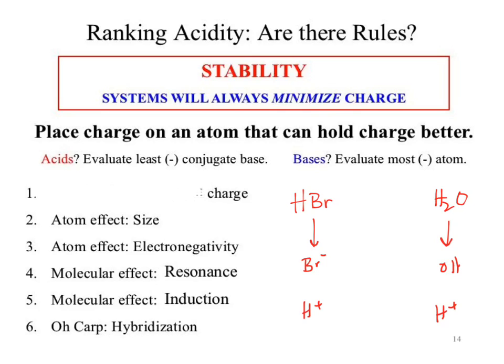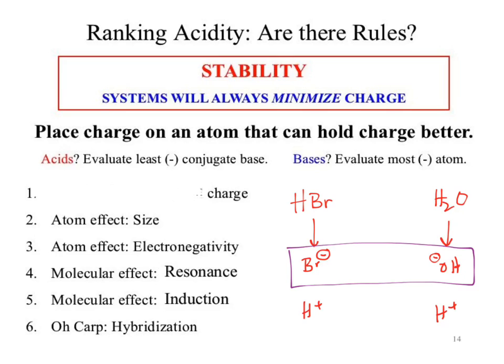And when I do the reaction, I can see that I have a large difference between Br- and OH-. They're now negatively charged. They are reactive. Which of those is less reactive? Bromide is less reactive.